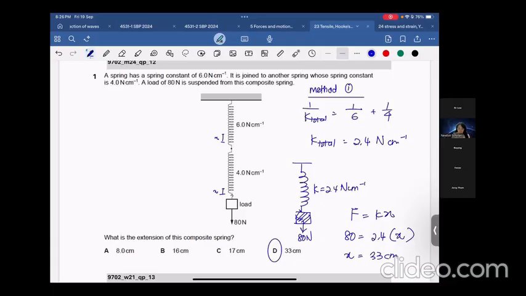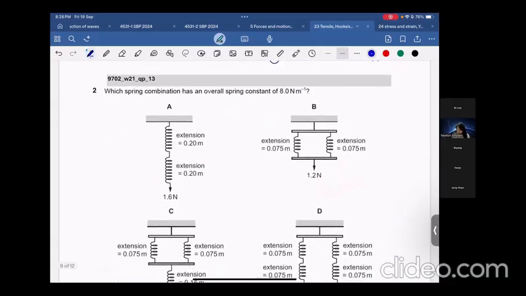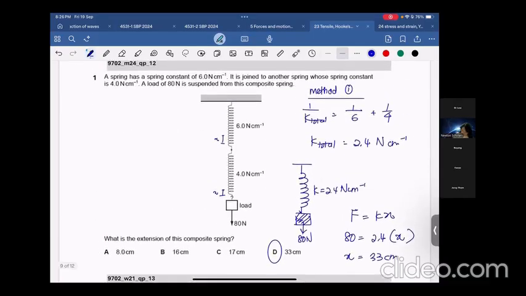Okay, good job. Right dear, can you try question number 2? You try, and at the same time, I will do another method here to show you.